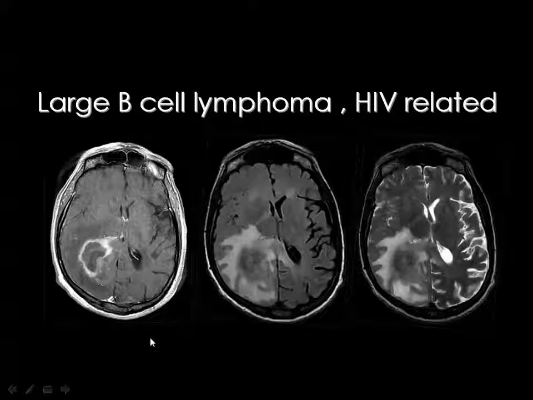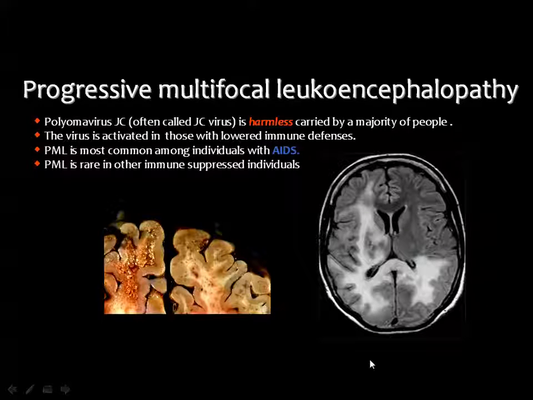You remember that the lymphoma in immune-competent patient will show homogeneous enhancement with little surrounding perifocal edema and little mass effect. But the lymphoma in immune-suppressed patients will show different behavior. It may simulate the glioblastoma multiforme. But considering the patient with HIV, they should consider one of two, either toxoplasma or lymphoma.